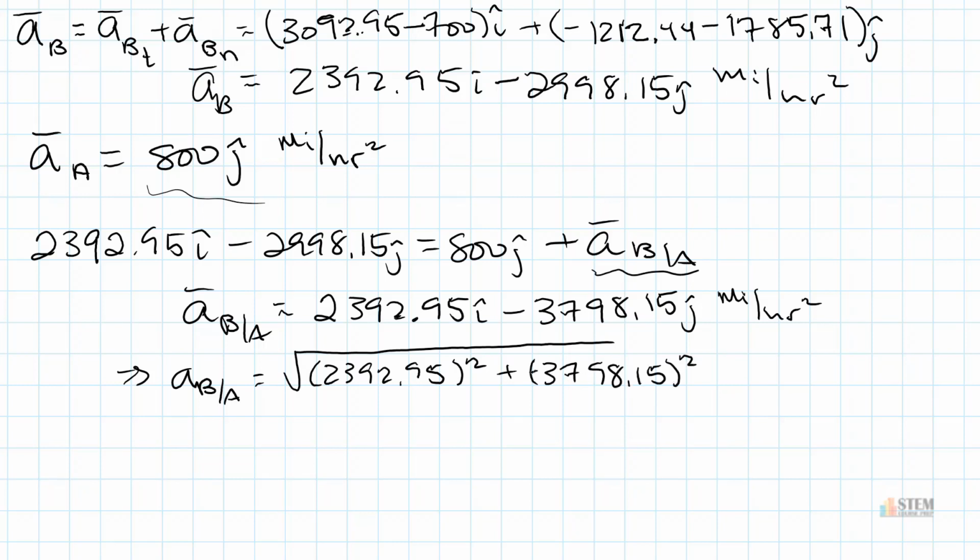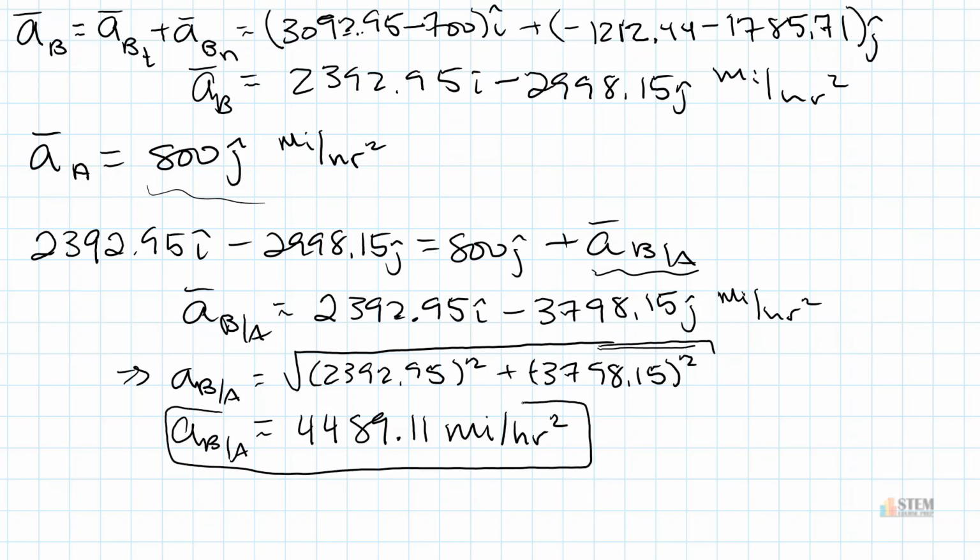All right, there's technically a negative in there, but it goes away when you square. Okay, so now we have that. So that gives us 4,489.11 miles per hour squared. And this is the acceleration of b relative to a.